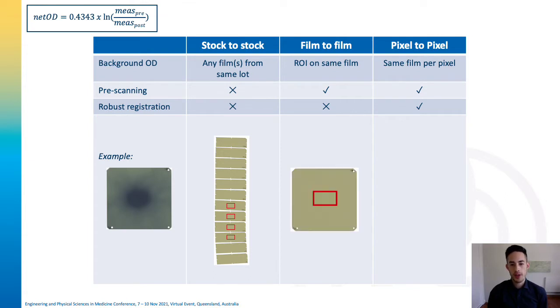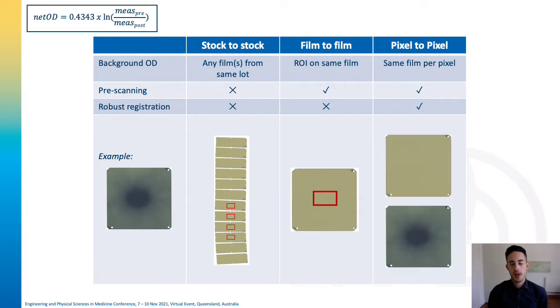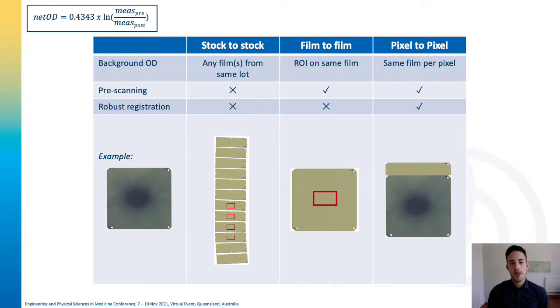For the film-to-film method, the background optical density is taken from the same film prior to irradiation. And for the pixel-to-pixel method, the net optical density is calculated on a pixel-to-pixel basis by co-registering a pre-scan with the irradiated film.